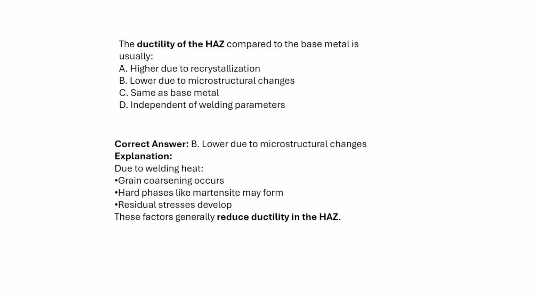D, independent of the welding parameters. So the answer will be B, lower due to the microstructural changes. Why? Due to the welding heat, grain coarsening occurs, hard phases like martensite may form, and residual stresses develop. Those factors generally lead to a reduction in the ductility in the HAZ.